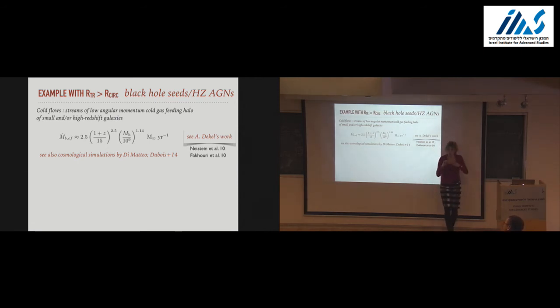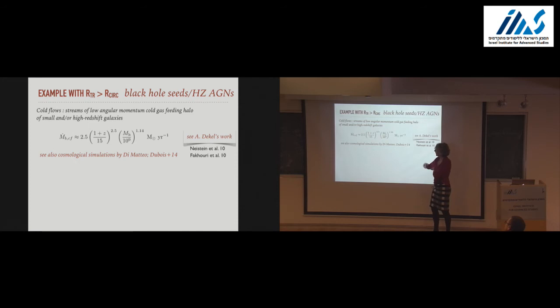This is in opposition to what we were thinking before, a Rees and White picture, in which the gas instead shocks, gets hot, and then slowly settles in. This is called hot accretion mode, and we think it happens for higher halo masses and low redshift.